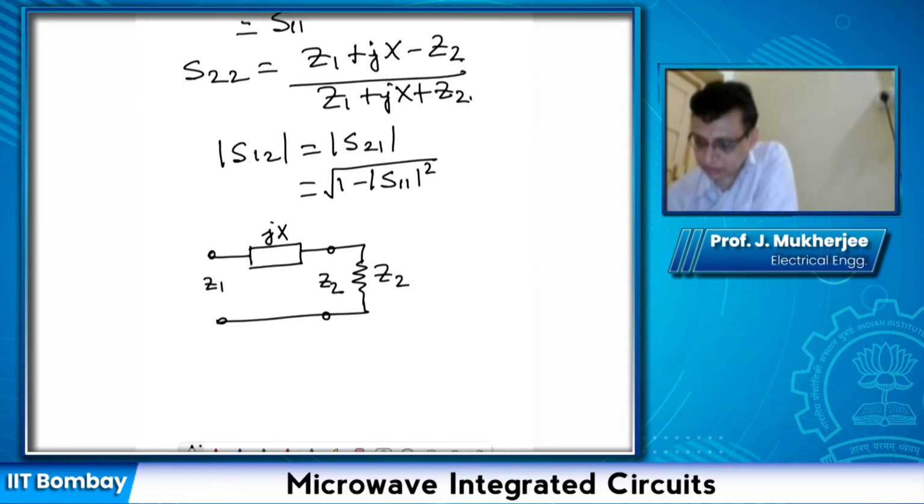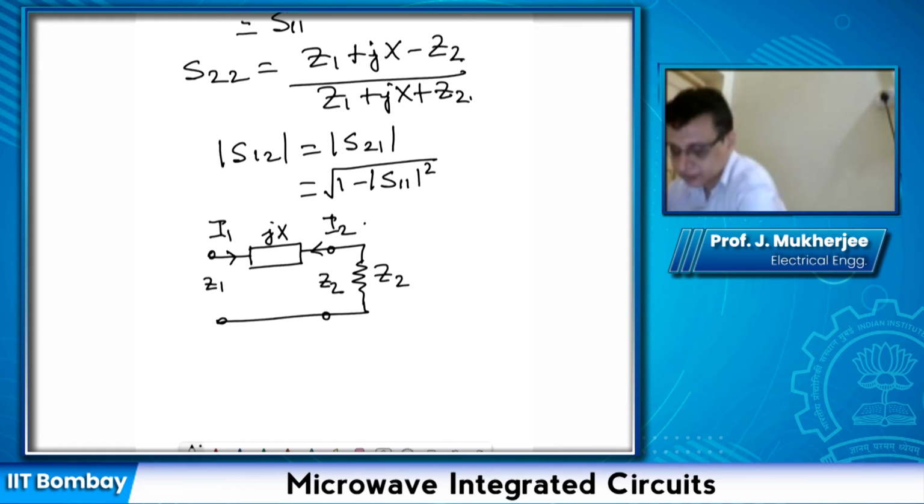Okay. Now here, say the current at port 1 is I1 and the current at port 2 is I2. Then we can have I1 is equal to minus I2, right?